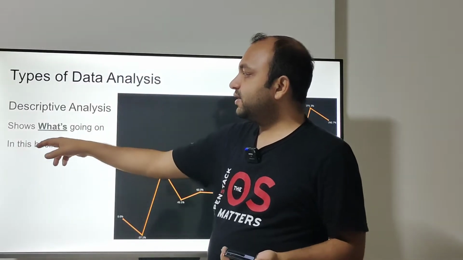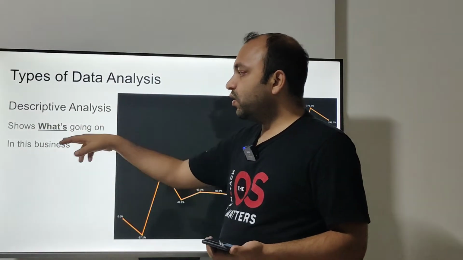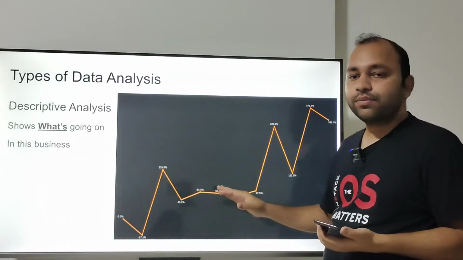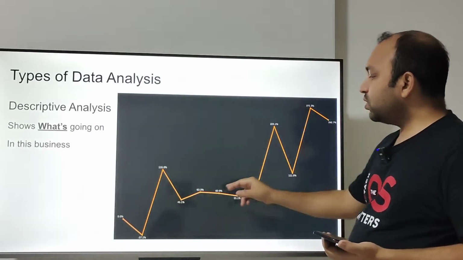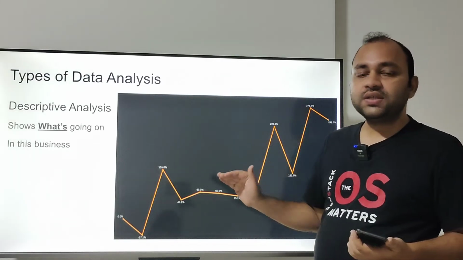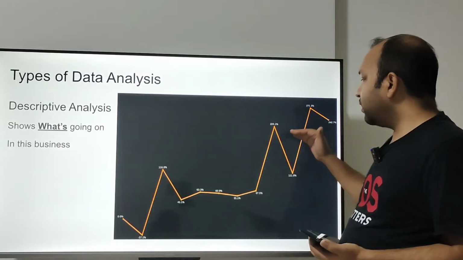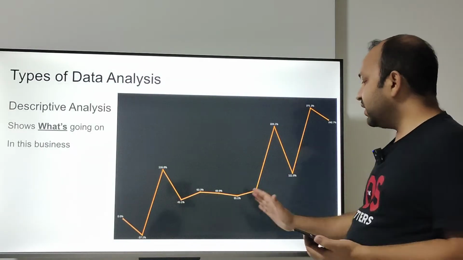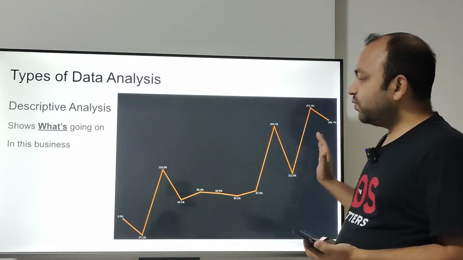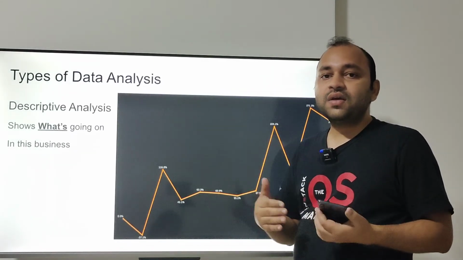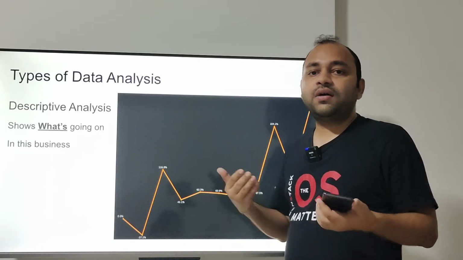This basically shows what's going on in the business. I have a simple example about the growth of sales. It simply tells us that we are growing by a certain percentage, and this is the timeline of the percentage. We aggregate and tell what is going on in the business, that is, at what rate we are growing.